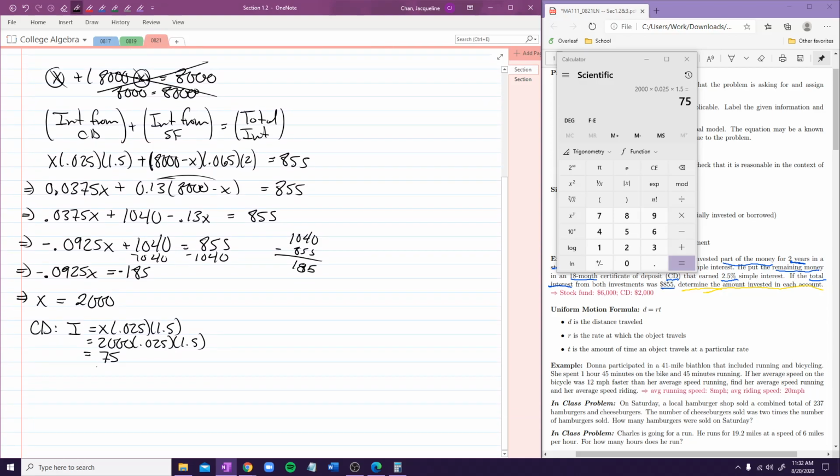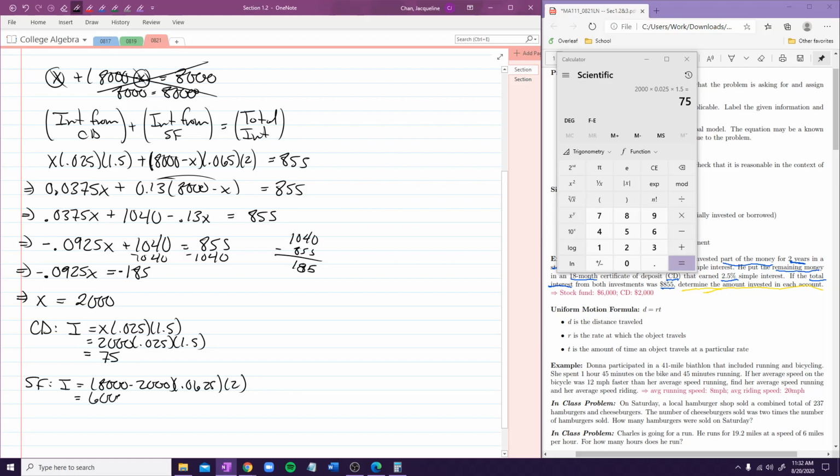For the stock fund, we know the interest is equal to 8,000 minus x, which is 2,000, times 0.0625 times 2.